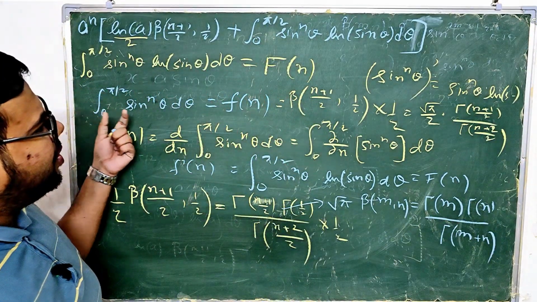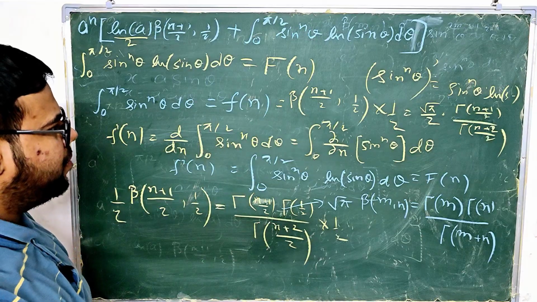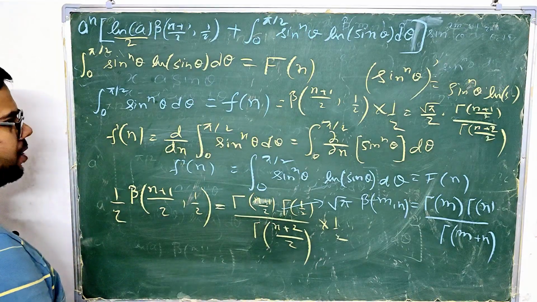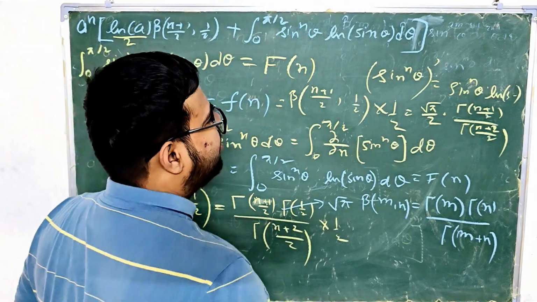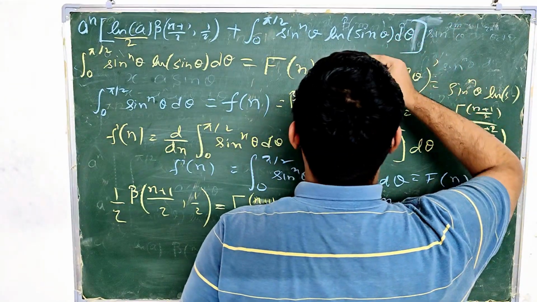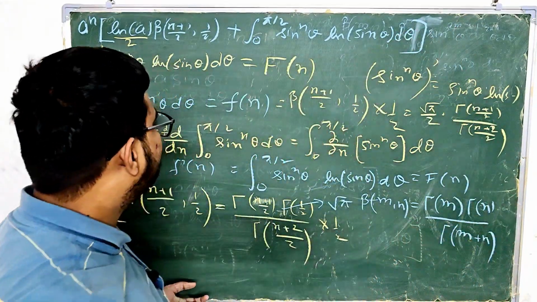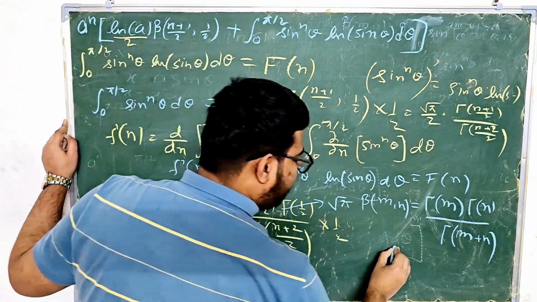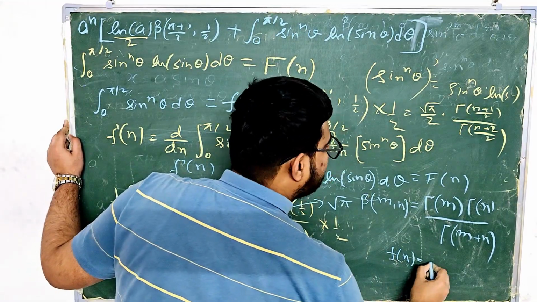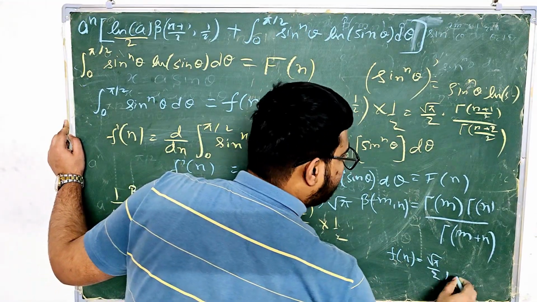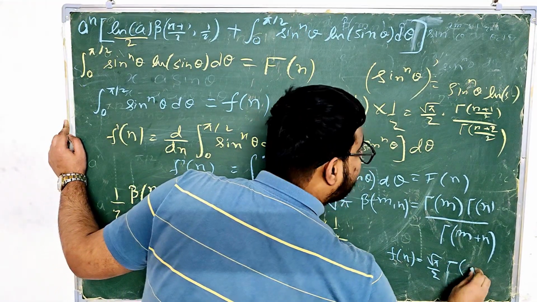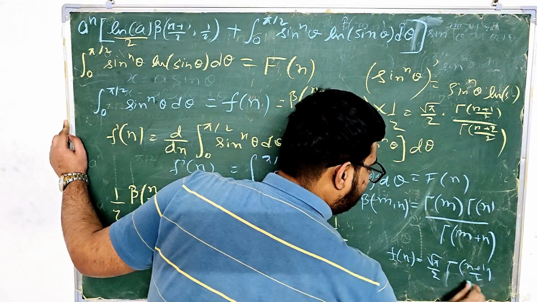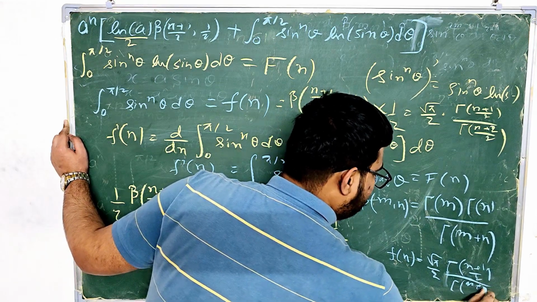So just remember that f of n is root pi by 2 times the quantity gamma at n plus 1 by 2 divided by gamma of n plus 2 by 2.